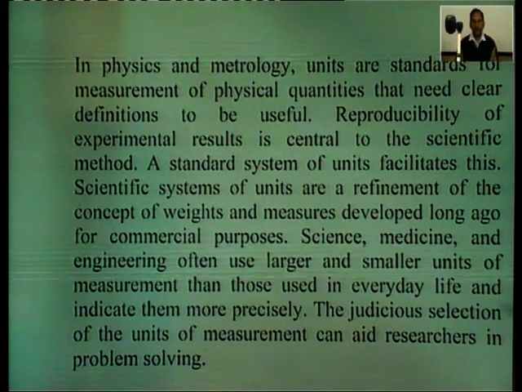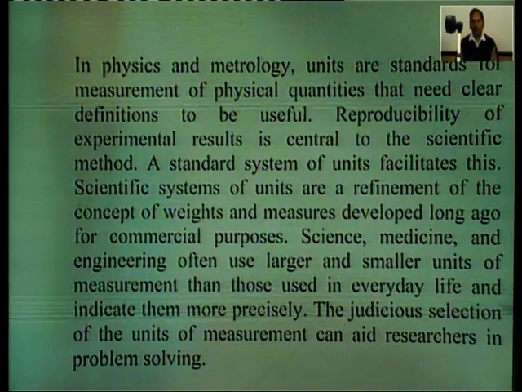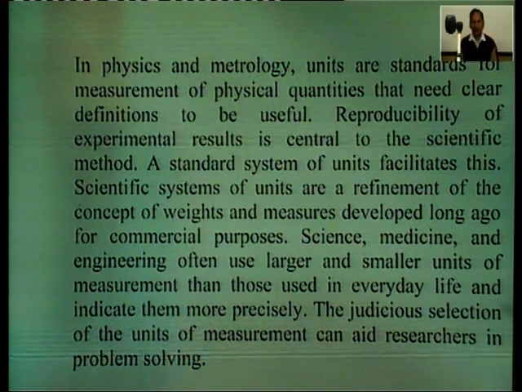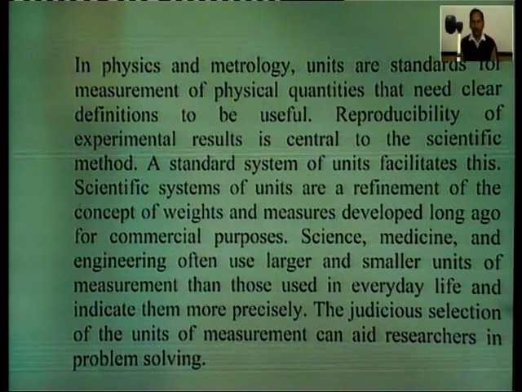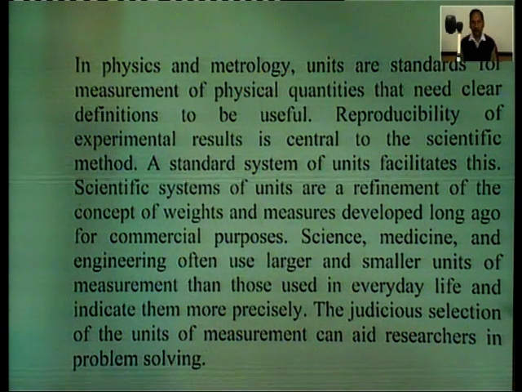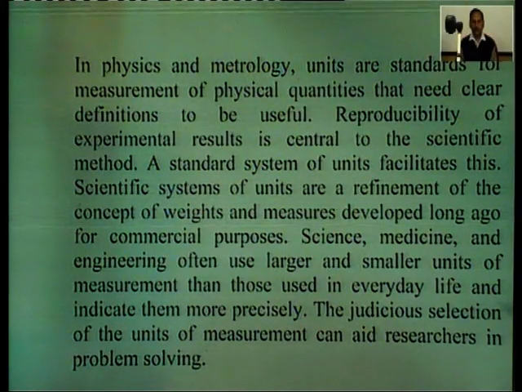Physical and metrological units are standards for measurements of physical quantities that need clear definitions to be useful. Reproducibility of experimental results is central to the scientific method. A standard system of units facilitates this.